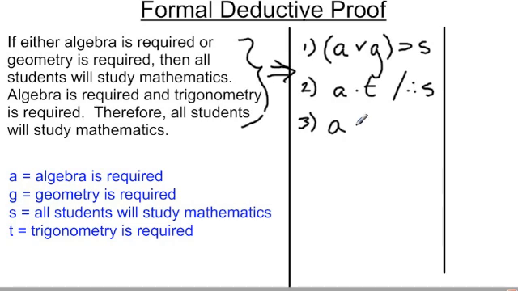Well, to get A, I took line 2 and did some simplification. Remember the 9 rules of inference that we had? Here, I'll show you back here.